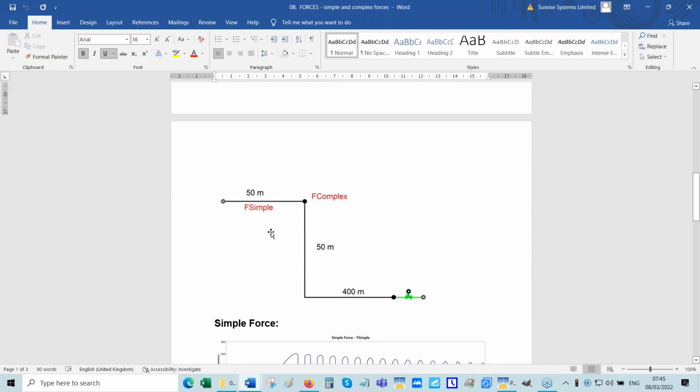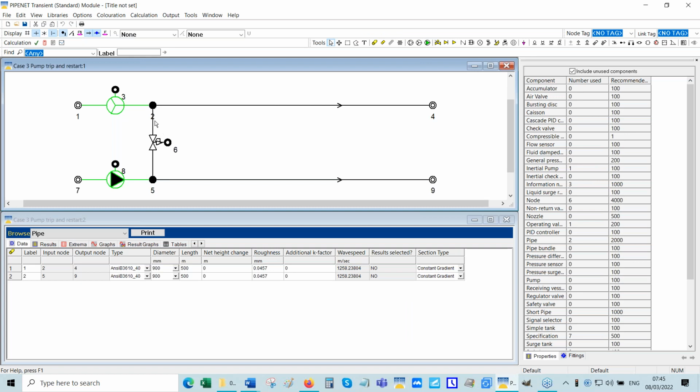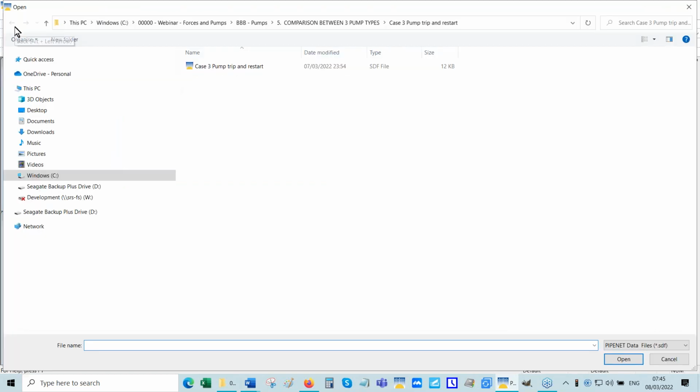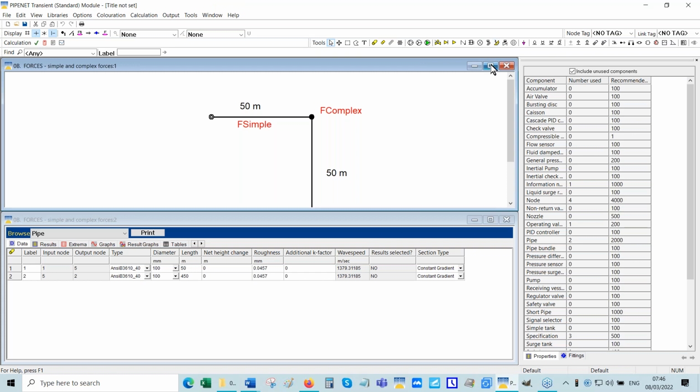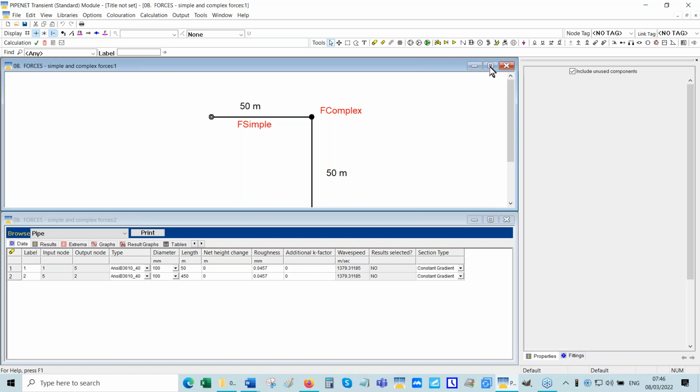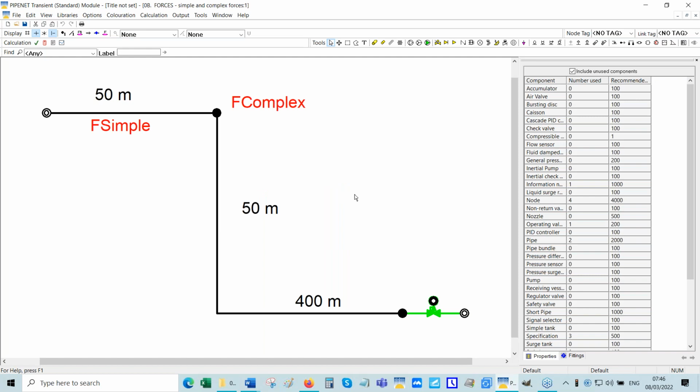So let's consider the same pipe. The complex force will be at this elbow, whereas the simple force will be the unbalanced force on that pipe. So let's go and open the data file. That's the schematic of the data file we're considering.